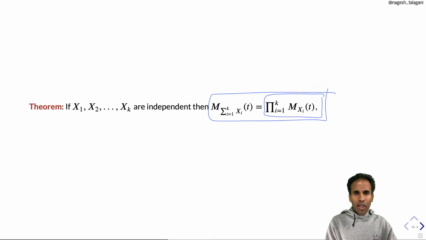If this product turns out to be the MGF of some known distribution, then you can say that this summation of xi follows that particular distribution, because the MGF uniquely determines its probability distribution. Okay, that's how we are going to use this theorem. Okay, fine.